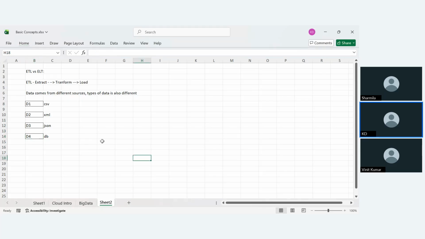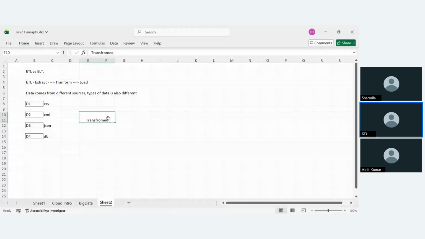So in this case, this entire data is transformed into one form. And then after that, at last, it is loaded into the system.